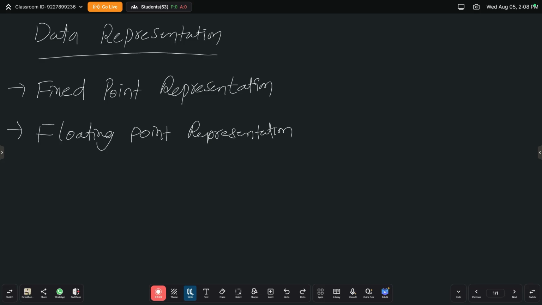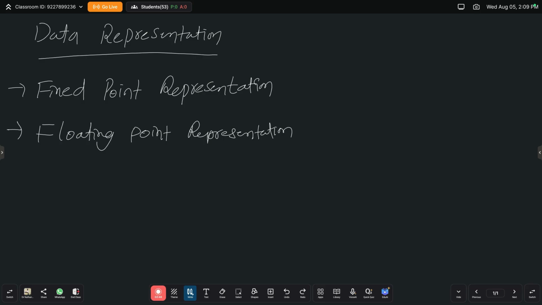So whenever we are going to use the representation of data, if you consider a number, the number may have an integer part, or a fraction part, meaning there is a decimal point in between. From the decimal point, the left side is the integer part, and the right portion of that decimal point is the fraction part. Yes or no?